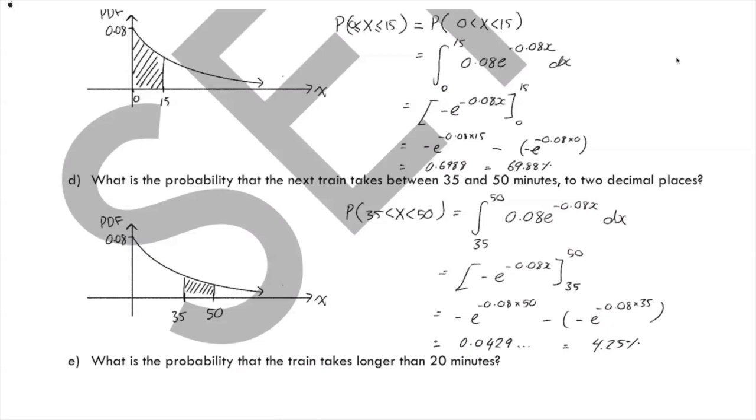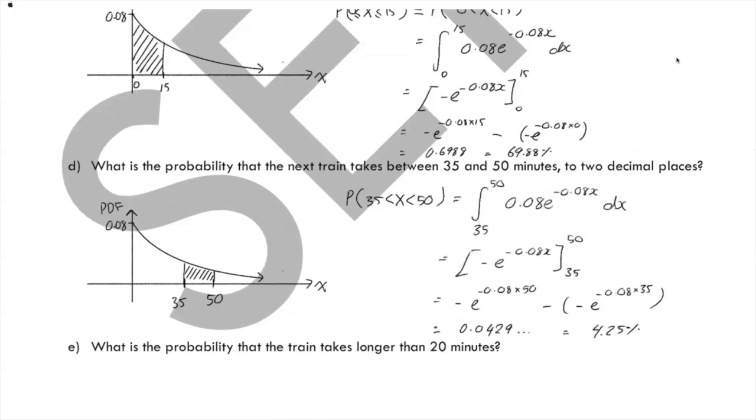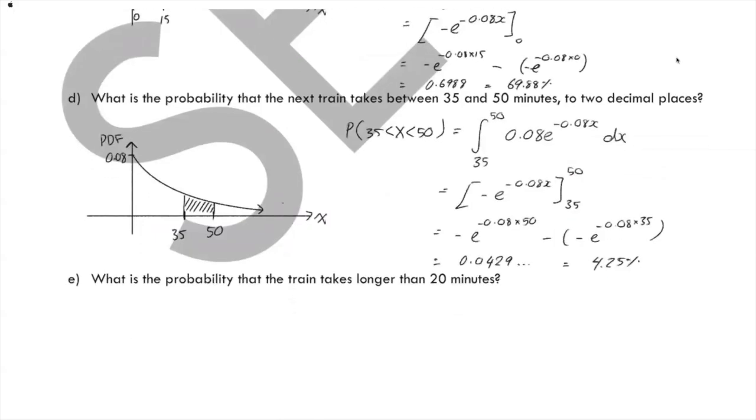I mean, you don't know how to do it because you haven't covered this, but this is what I've covered before. The way I built this question was that trains show up every 12.5 minutes. That's the way I did it.